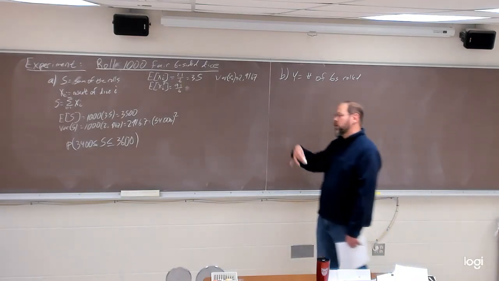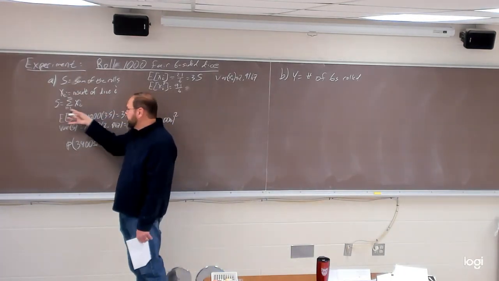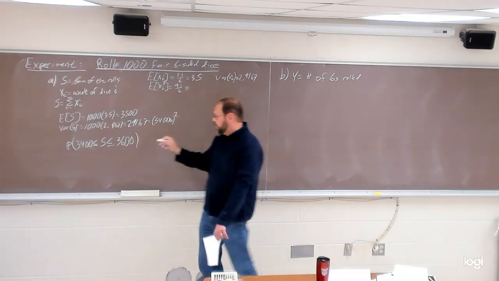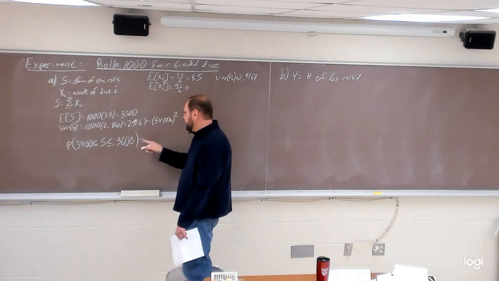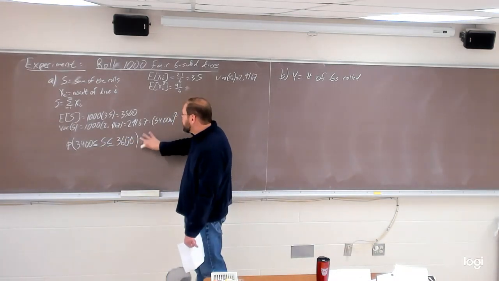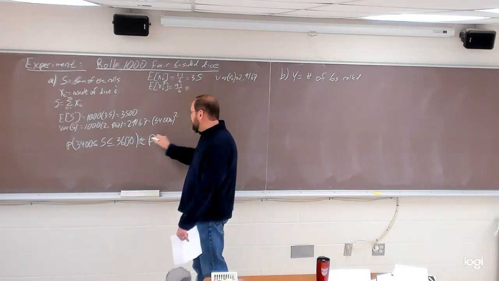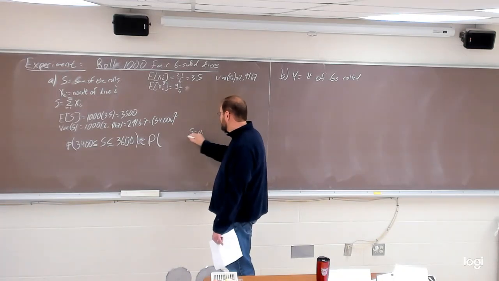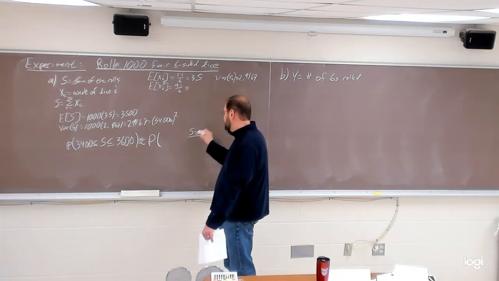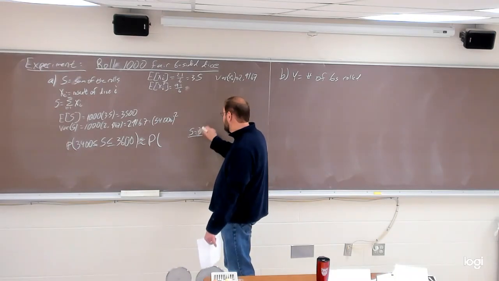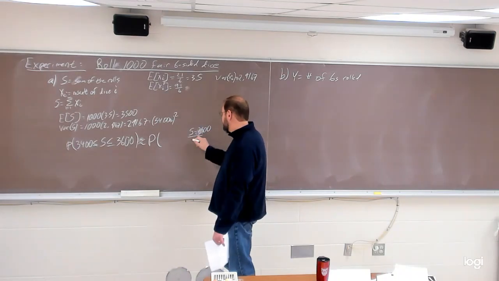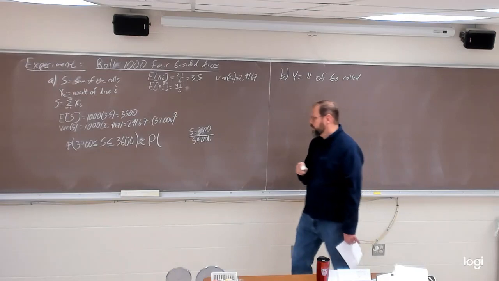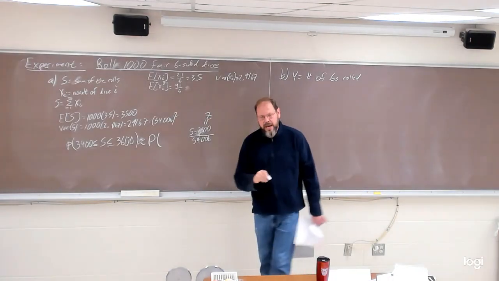Except now I realize I'm just summing independent random variables, and I know the mean and I know the standard deviation, so this probability would be approximately equal to the probability I would get when I take S, subtract off my mean, which is 3,500, and divide by its standard deviation, which is 54.006. That is going to be approximately standard normal.